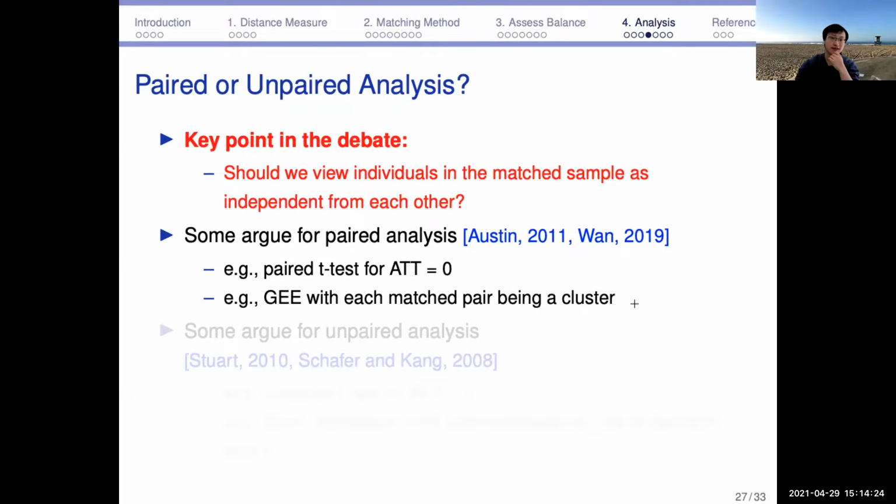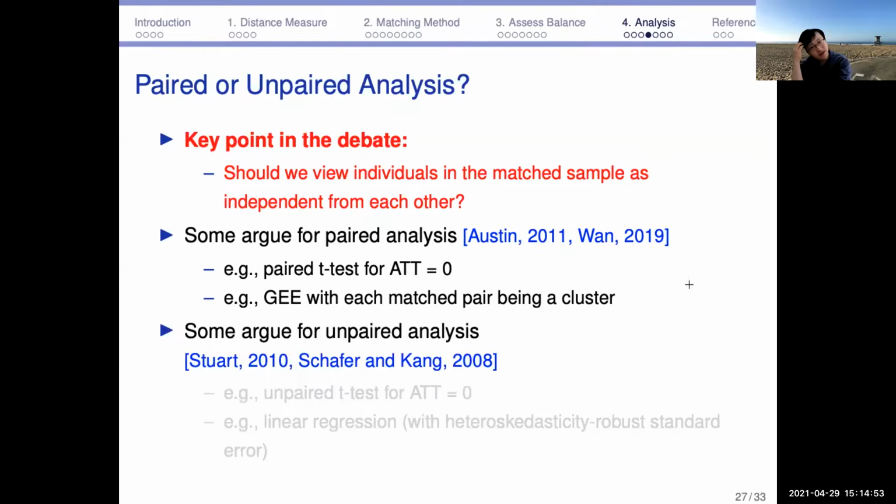A similar approach is that we can do a GEE, generalized estimating equation, when looking at data as clustered data, where each matched pair is a cluster. So these are the methods that consider the matched sample not as independent individuals, but as clustered or paired individuals.